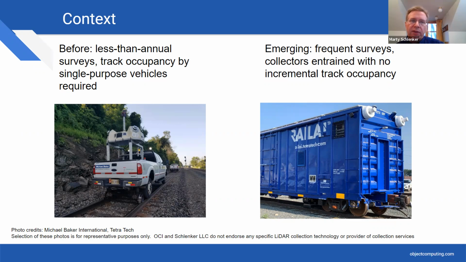The picture on the left is a purpose-built device that is collecting LIDAR for, typically, a single use case provided by a single vendor, and so the railroads did not have the internal processing capability to go from point clouds to insights because the data was not in their hands. Gradually, LIDAR has been democratized to a point where, as you can see in the image on the right, railroads can collect LIDAR data in train without separately occupying the track with additional vehicles and disallowing the movement of trains at the same time.